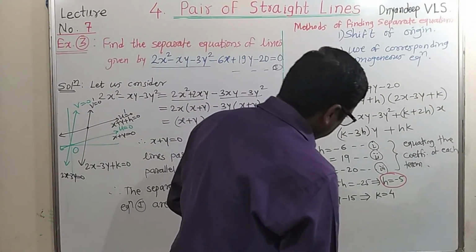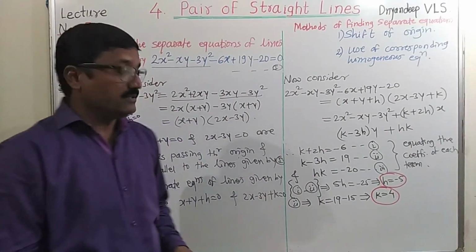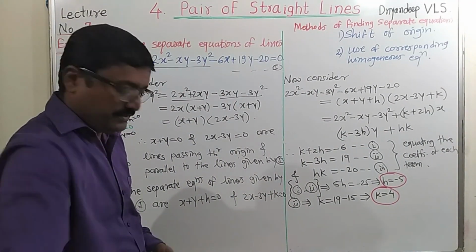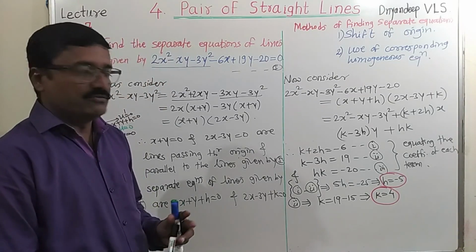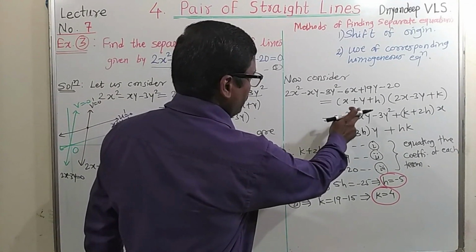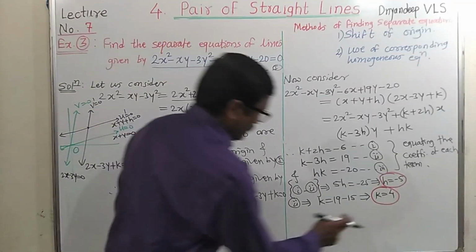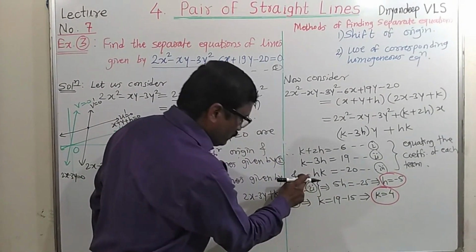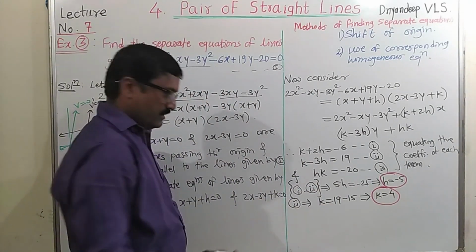And whenever k is equal to plus 4, let us check whether these two values satisfy third equation or not. If they satisfy the third equation, then and only then these are the factors of this equation. So h equal to minus 5 and k is equal to 4. So minus 5 into 4 equal to minus 20.